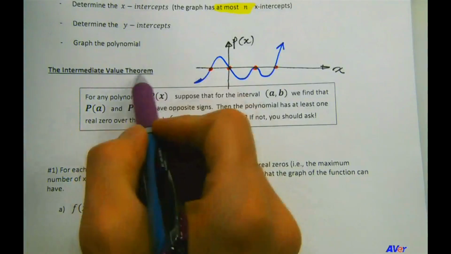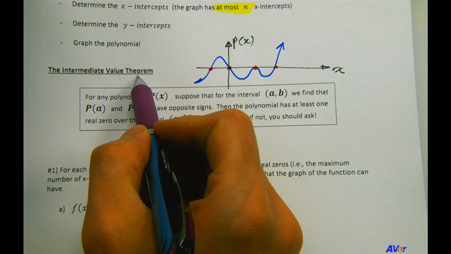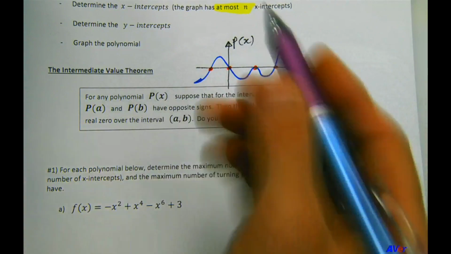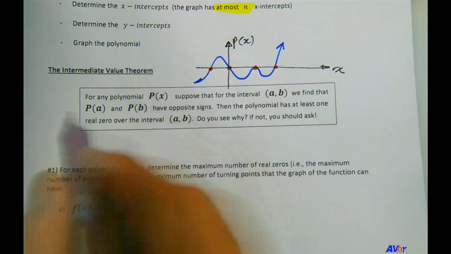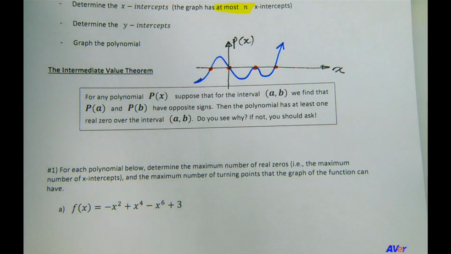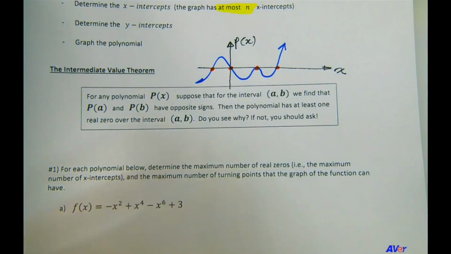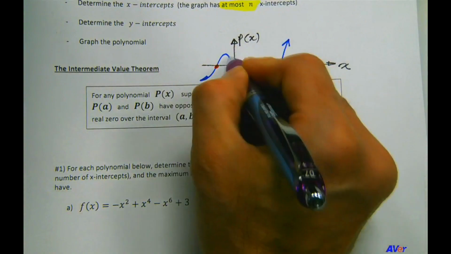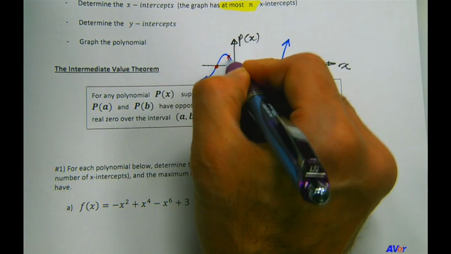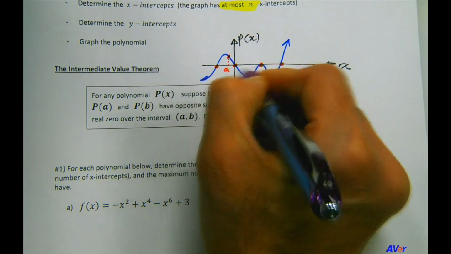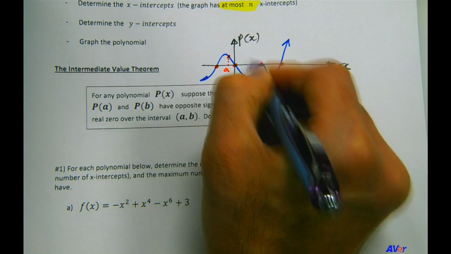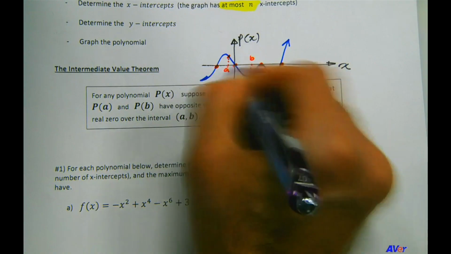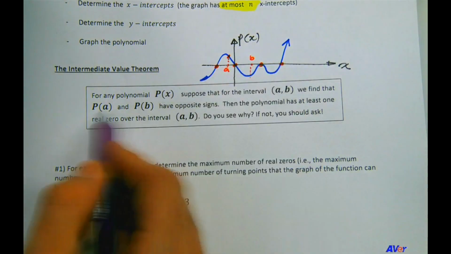The intermediate value theorem is a way to predict whether you have a zero between two numbers or not. Suppose I pick A and I pick B. A and B are two numbers along the x-axis, just like what you see in this box.